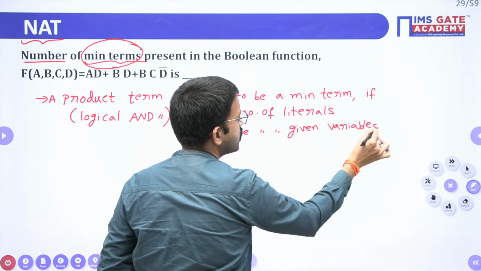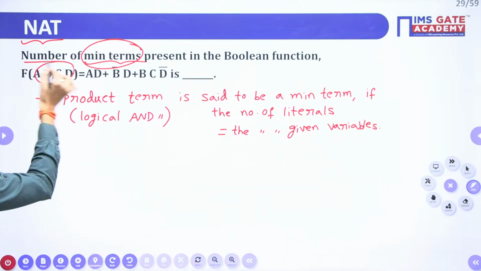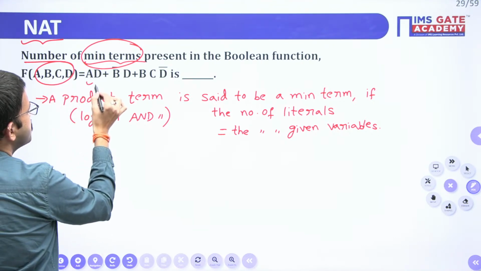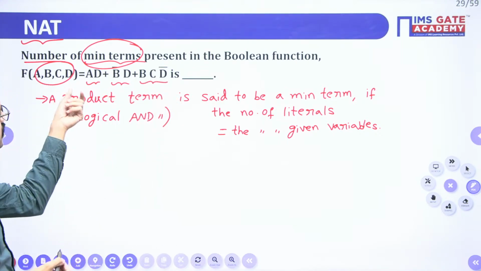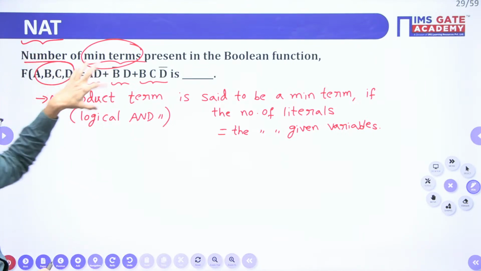See here, if you observe, you are having a 4 variable function a, b, c, d, but here you are having 2 variables a, b, a, d, here b bar d, here b, c, d bar. In each and every product term, the number of literals is less than the total number of variables.